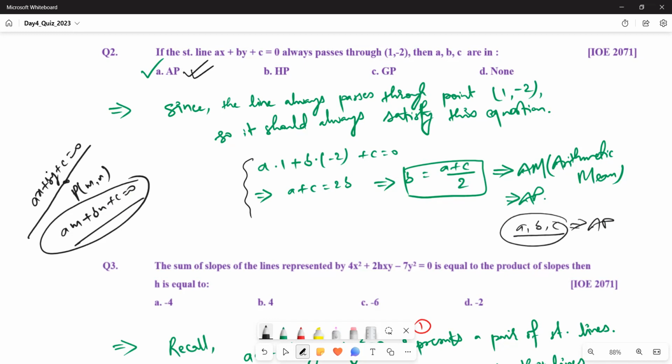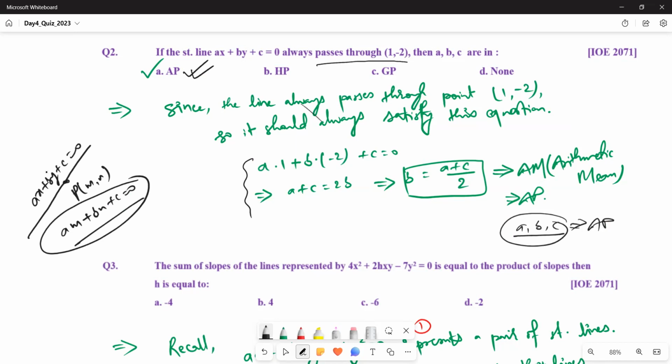Just try to satisfy this point, and then see among the options whichever matches the required observation, that is your option. And read through all of the options. In this case there is a none option, so if it is not in any AP, GP or HP, none can also sometimes be your answer. So read the answer options properly.